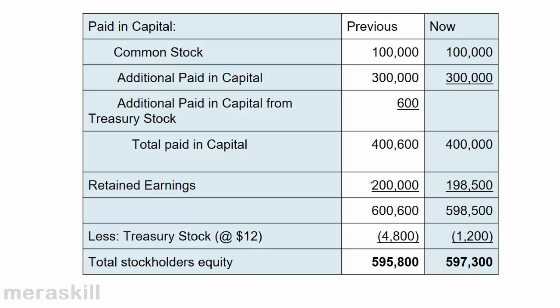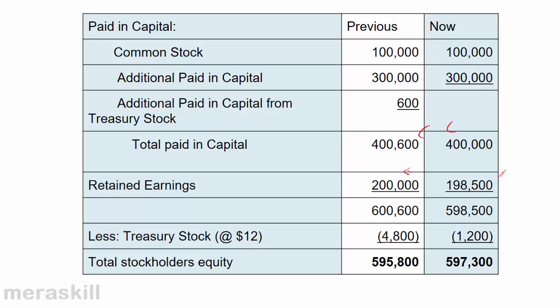Look at the balance sheet now. Previously we had 100, 300 and you had 600. Now you don't have that, right? So this is clear. Retained earnings was 200,000. Here now 1,500 has gone. That is less. And treasury stock, you had 400 shares.